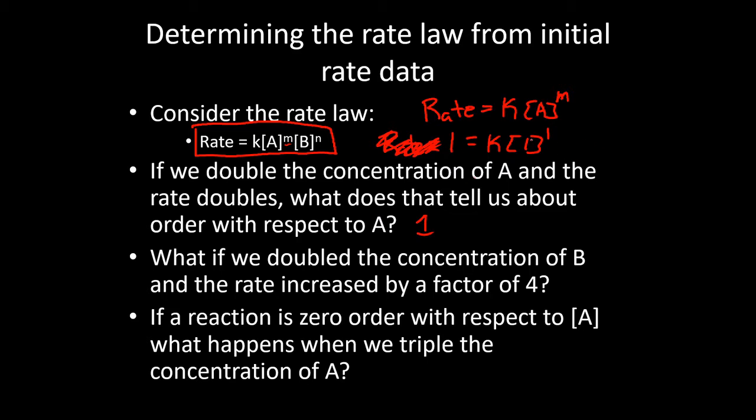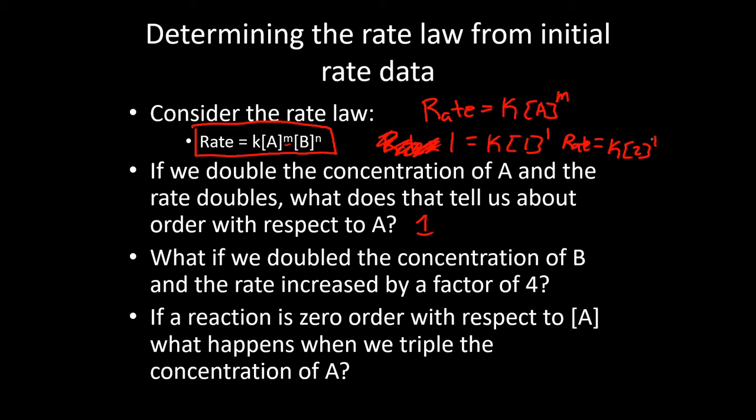If I double the concentration, so this is the rate here, if I double the concentration while keeping everything else the same, then the rate is going to end up being 2. The rate is going to double.